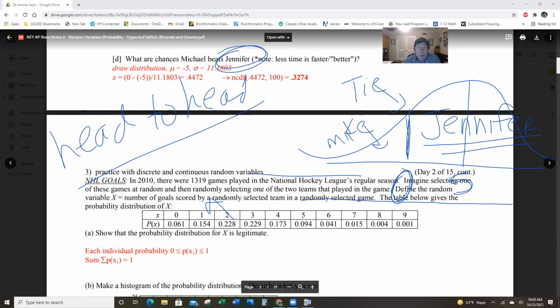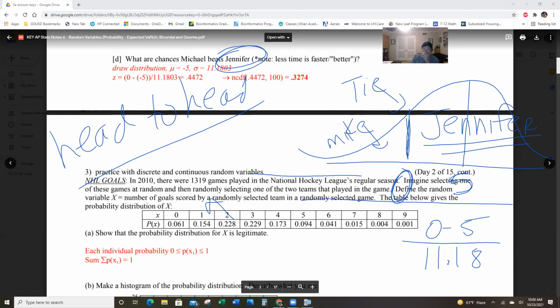Now, we're going to go ahead and get a z-score for this. And the z-score is going to be, and I'll write it right here, 0 minus 5 divided by 11.18. Now, of note, when you combine standard deviations for a continuous random variable, you always use the Pythagorean theorem.